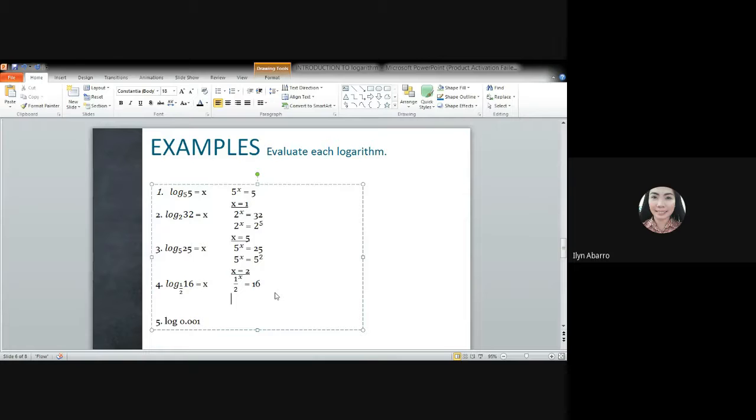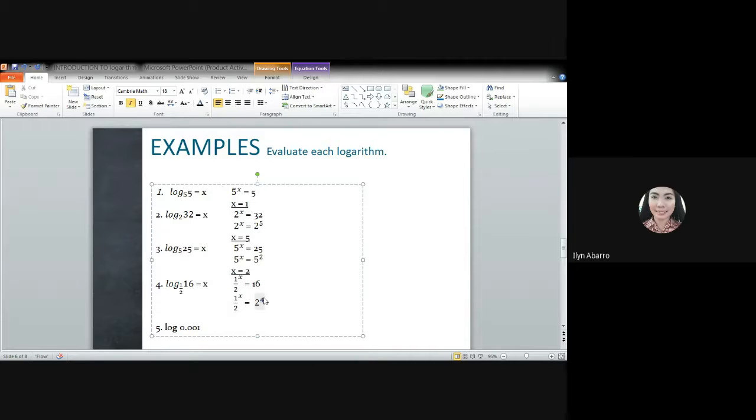So, now, we're going to make the bases equal. So, paano nang gagawin natin? Ang 16, pwede natin siyang isulat as base 2. Base 2 siya, 2 raised to 4. So, 16 is 2 raised to 4. Diba?